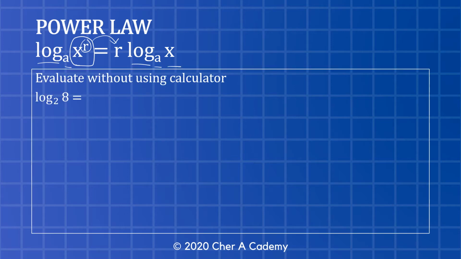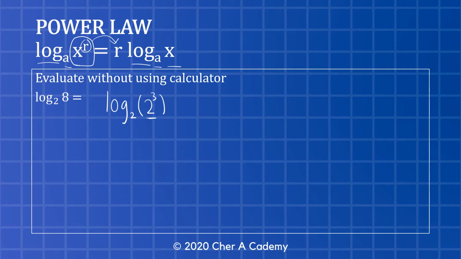Let's look at an example. Evaluate without using calculator, log base 2 8. So I have log base 2 here, and I can change my 8 to 2 to the power of 3. Why did I choose 2?